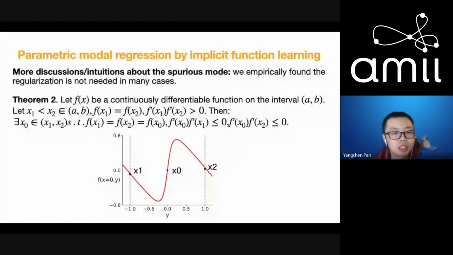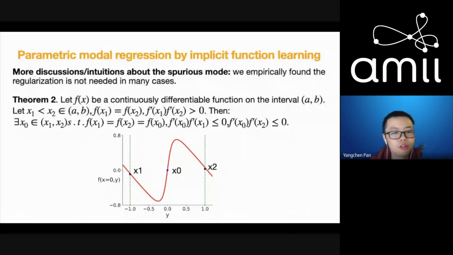Then there must exist another point between x1 and x2 such that it has the same function value and a different slope sign. The figure shows an example here. x1 and x2 have the same function value and the same slope sign. And then we can see that there exists another point x0 in the middle, which has the same function value but a different slope sign.